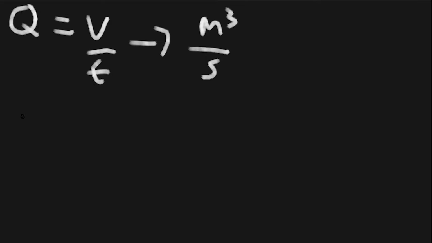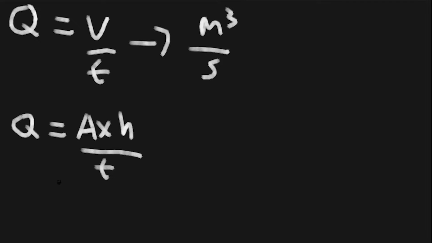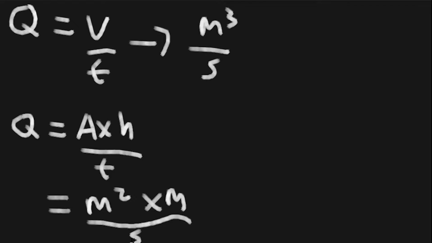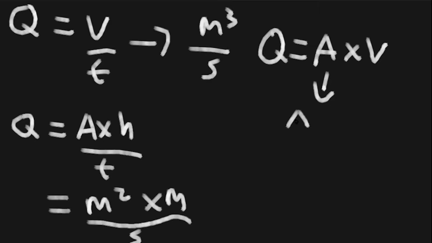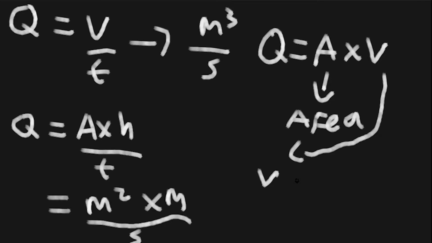Because volume is the multiplication of area and height, we can make it Q equals A times H over T. The unit of area is meter square, the unit of height is meter, and the unit of time is second. So we can simplify it into one last equation, Q equals A times V, where A is area and V is the velocity.